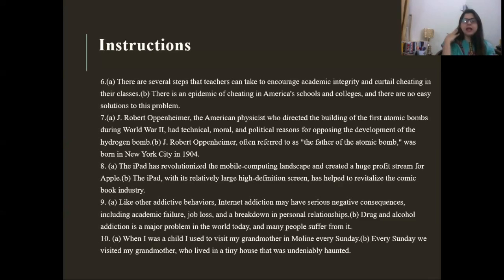On the other hand, if you look at the second statement, the iPad, comma, telling us more about the iPad. With its relatively large, high definition screen, has helped revitalize the comic book industry. So basically, the iPad has completely transformed the comic book industry or revitalized it. Why? Because of its large, high definition screen.